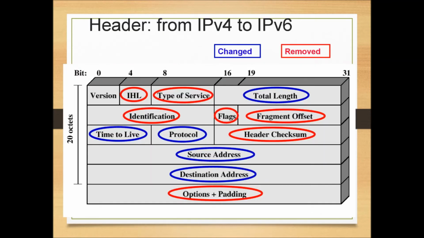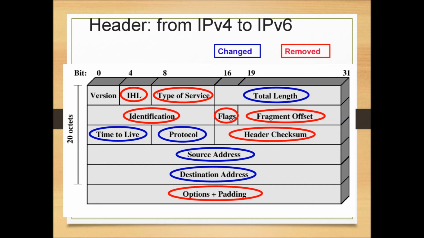Header from IPv4 to IPv6: you can see two colors over here, a red color and a blue color. Red color means removed, so these fields are removed in the IPv6 header, and blue color means changed, so blue color fields have changed over here. Just one field is the same, which is version.